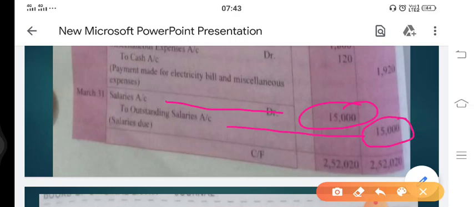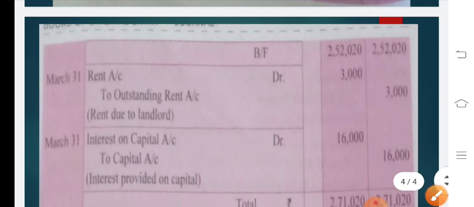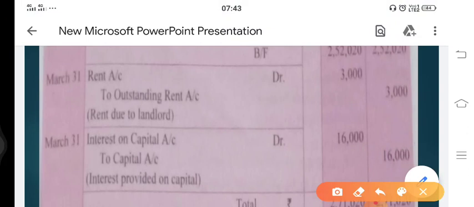The next point we have is rent due. Rent due also simply means that rent, being an expense, has to be treated as a nominal account, which says debit all expenses and losses.